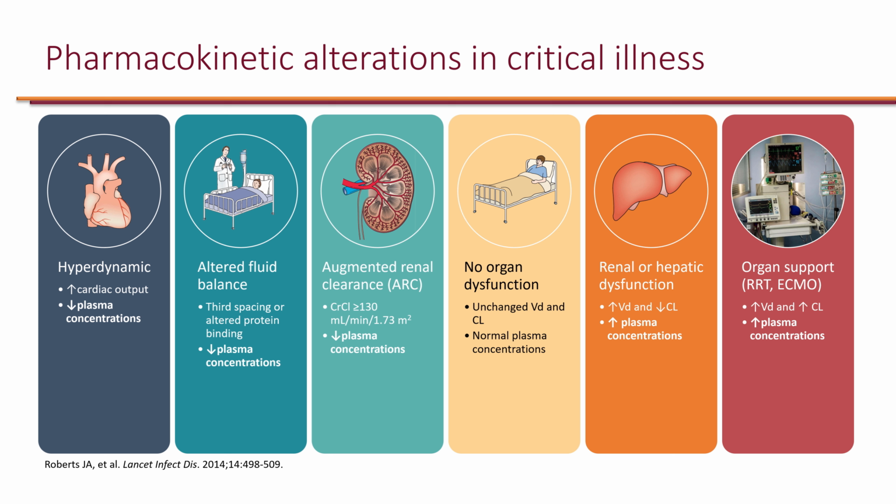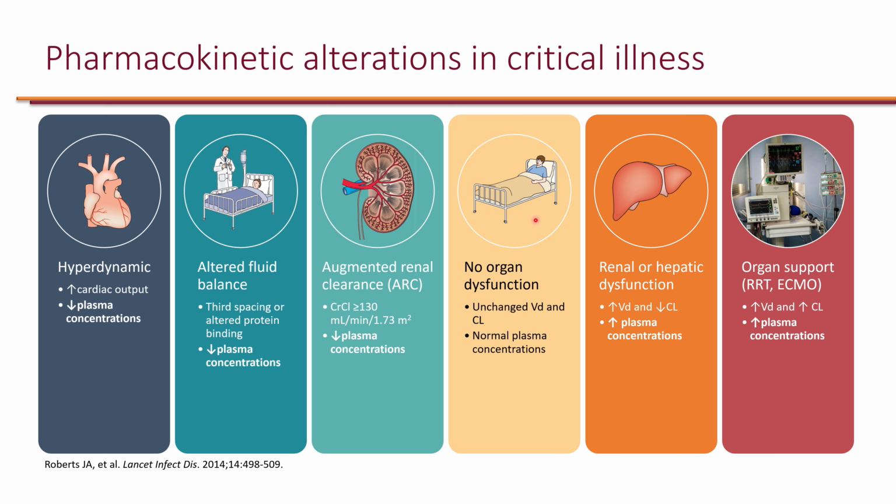And things that can lead to augmented renal clearance include trauma, sepsis, burns, hematologic malignancy, or pancreatitis. These are some of the risk factors, and this is more common inside the ICU.